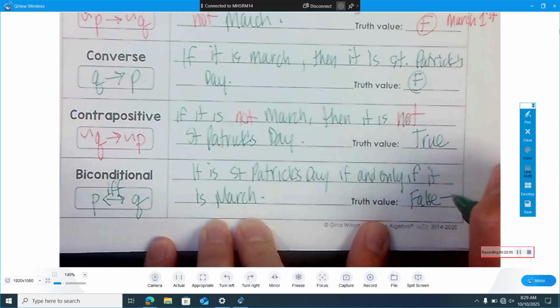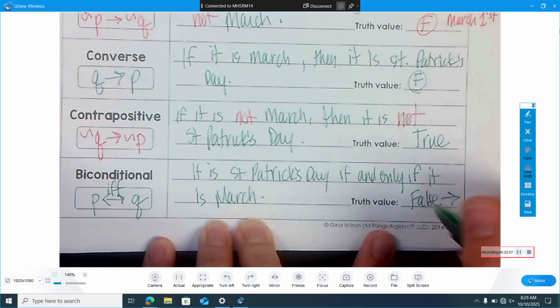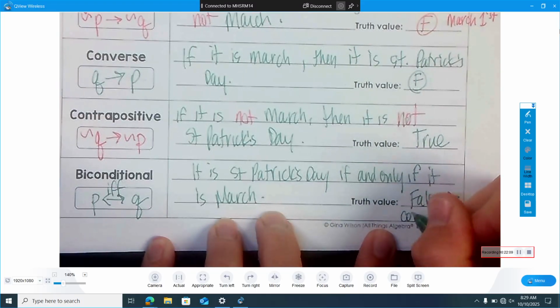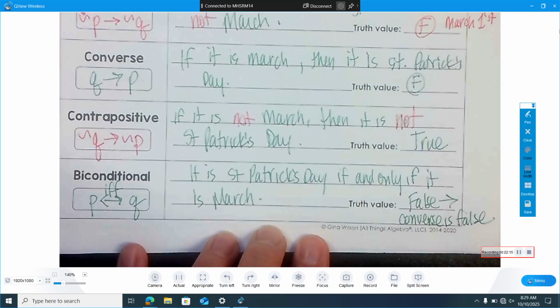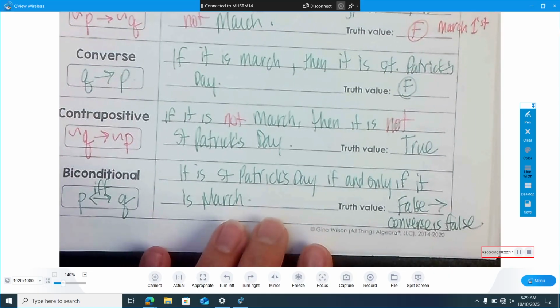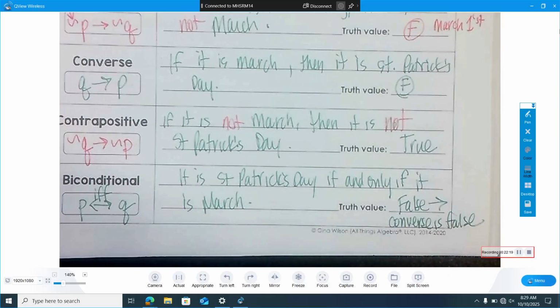And it's false because the converse is false. All right. If both the converse and conditional were true, then it would be a true biconditional. Yeah, converse and conditional have to be true.